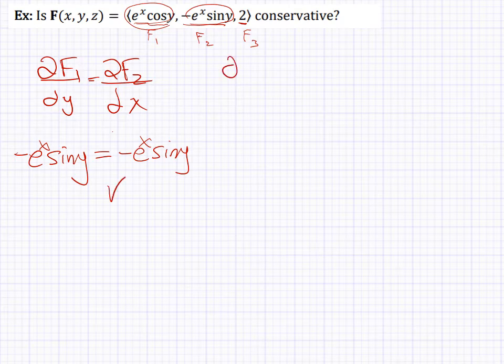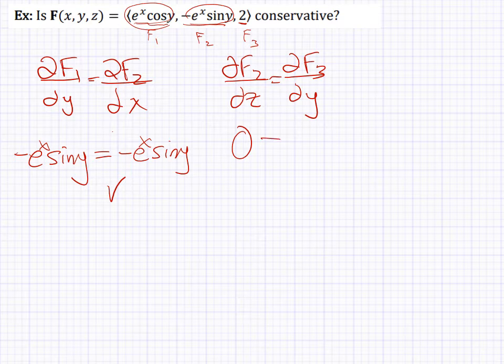All right, let's go to the next one. Partial of F2 with respect to z has to equal the partial of F3 with respect to y. All right, well, F2 with respect to z, there are no z's in F2, so that's just one big constant and 0. F3 with respect to y, again, there's no y's in F3, so that's 0. That one holds.